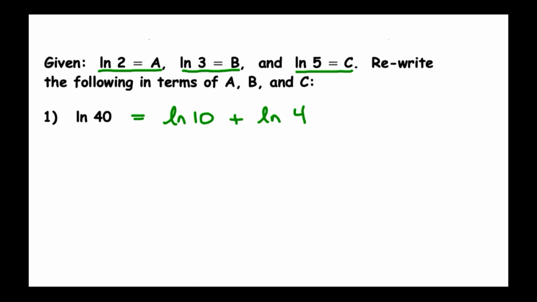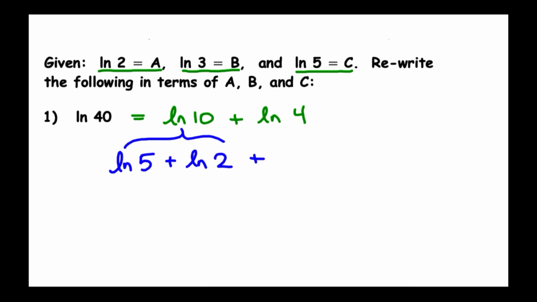It'll be just fine. I'm going to continue on in my next step, which will be blue. I'm going to break down the natural log of 10 into natural log of 5 plus natural log of 2. Again, using the product law. And the natural log of 4 will become natural log of 2 plus natural log of 2.